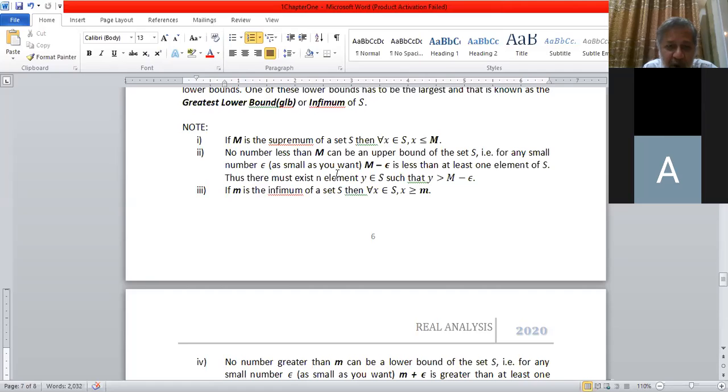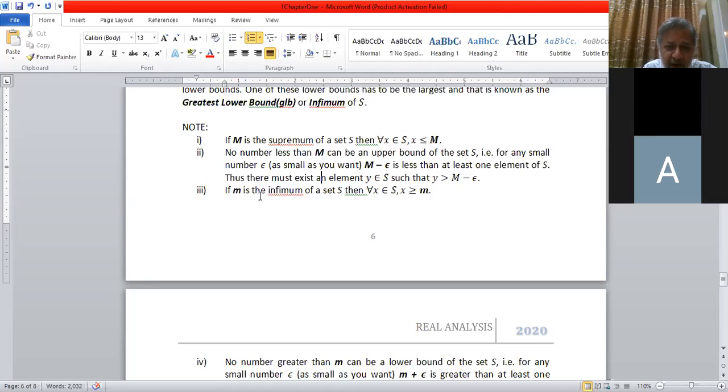That is, for any small number epsilon, however small, if you write down M minus epsilon, this has to be less than at least one element of the set. Similarly, there must exist an element y that has to be greater than M minus epsilon. And if the supremum is the smallest upper bound, उससे छोटा कोई भी number लोगे, that will not be an upper bound.